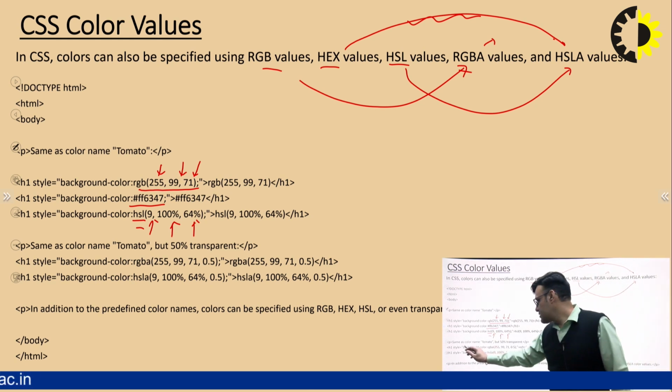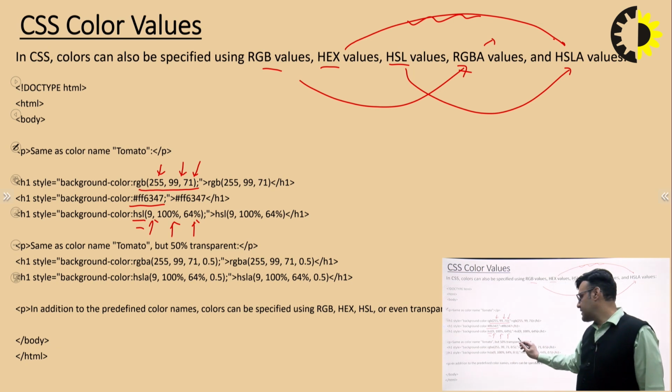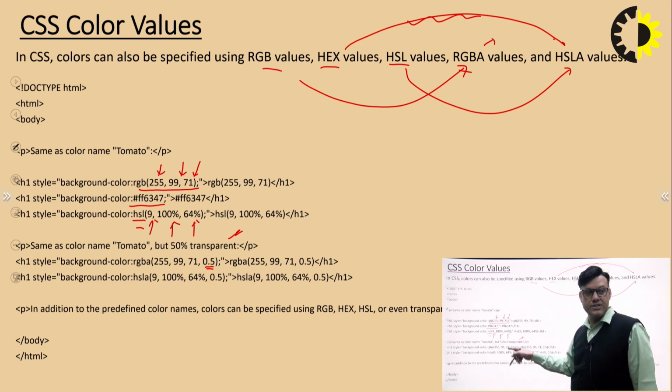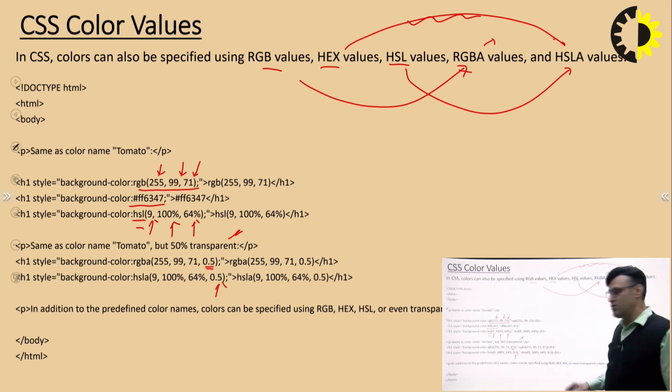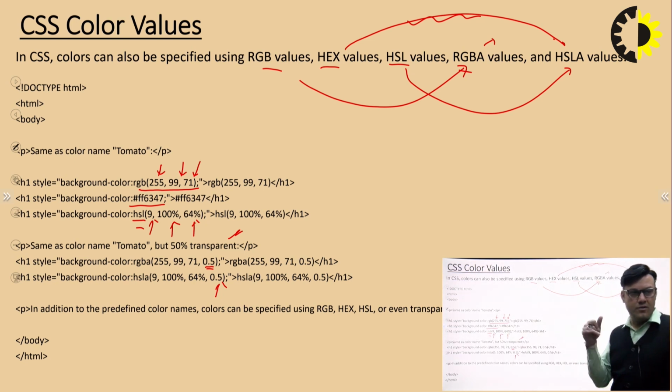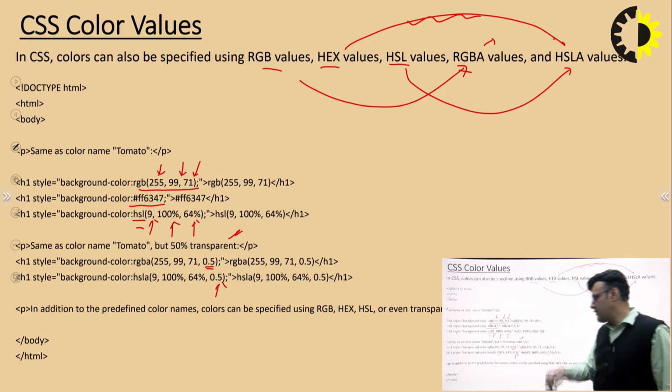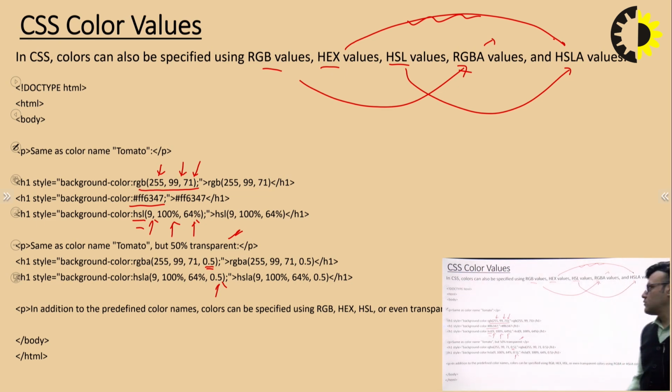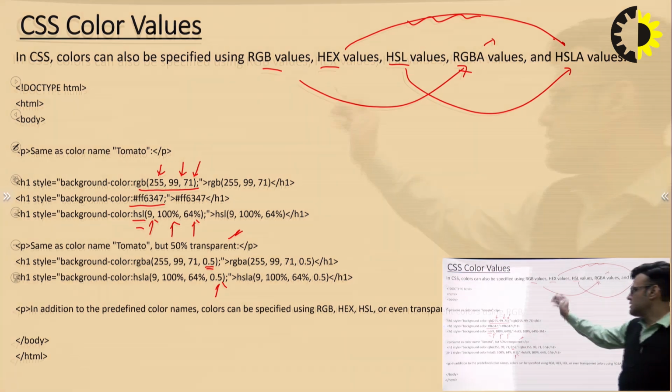See, now the same color tomato, but with 50% transparency because we have used the fourth parameter as 0.5. So this 4 parameter function is RGBA and the HSL 4 parameter function is HSLA. So you will see the difference. This is very easy to use, just a predefined function.